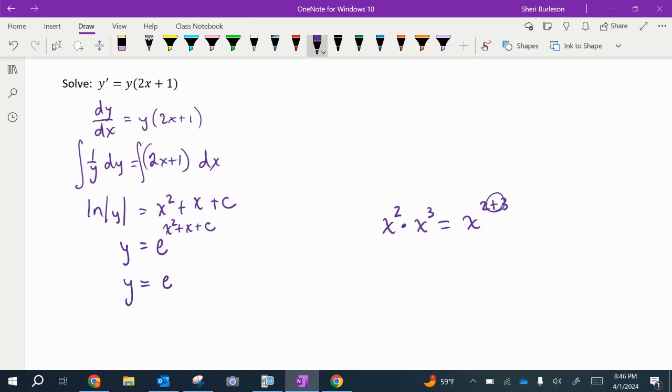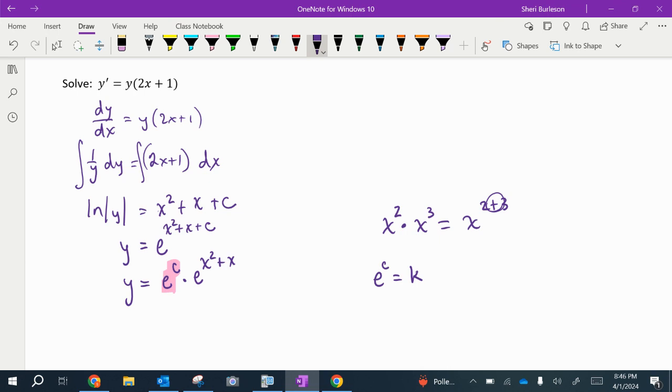I'm going to rewrite this as e to the c times e to the x squared plus x, because c is a constant and e is also a constant. E is a number. E to the x is not constant, but e to a constant is. So what this gives me right here is a new constant. So I'm going to rewrite e to the c and give it a new letter so I don't have as complicated of a constant.